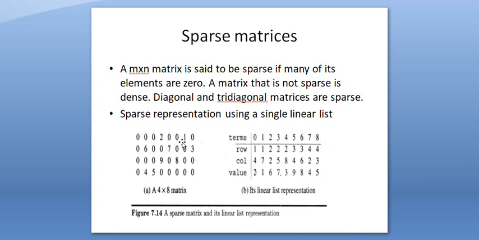Similarly, this element 1 is located at the first row and seventh column, so that is there here: 1, 7, 1. Similarly, repeat the process. This is how you represent a sparse matrix using the linear list representation.